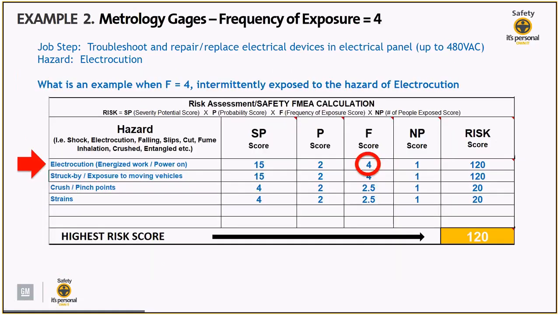So let's use the exact same example that we just had, and talk about what if frequency of exposure was a 4. If frequency of exposure is a 4, that now makes the highest risk for electrocution a 120. Give me an example of what that looks like.